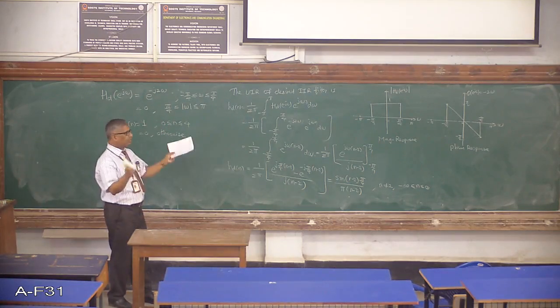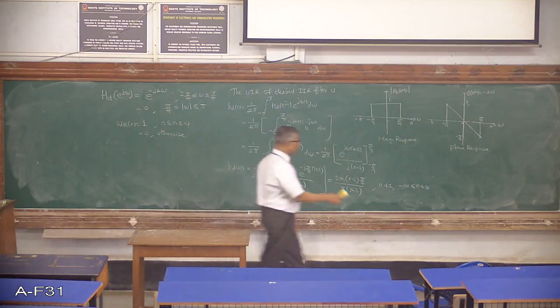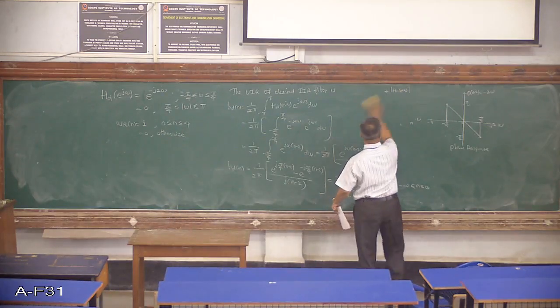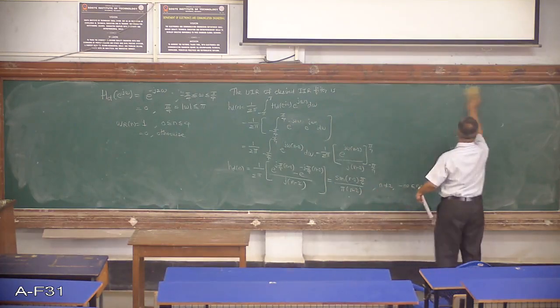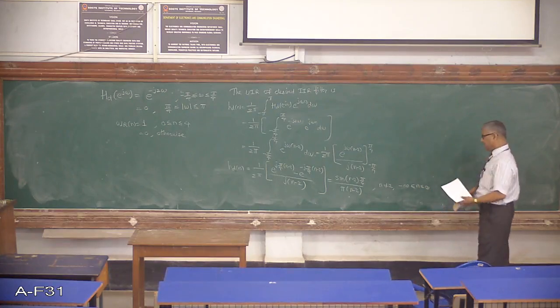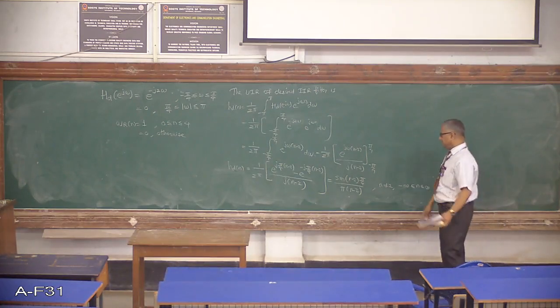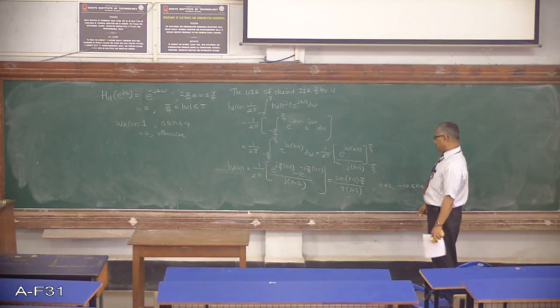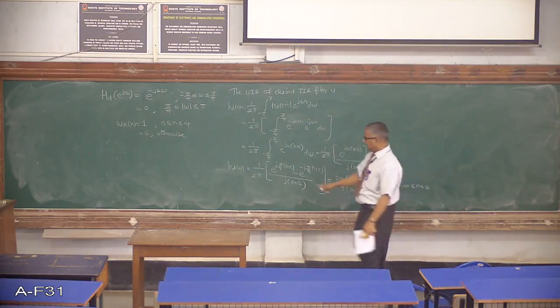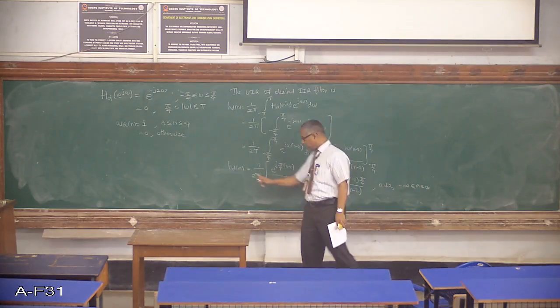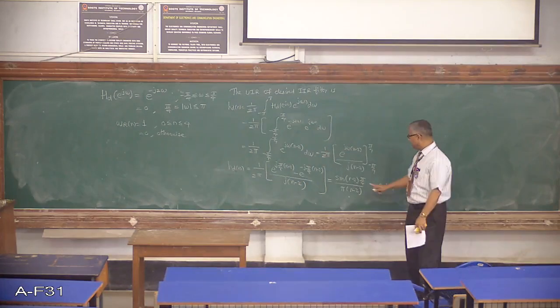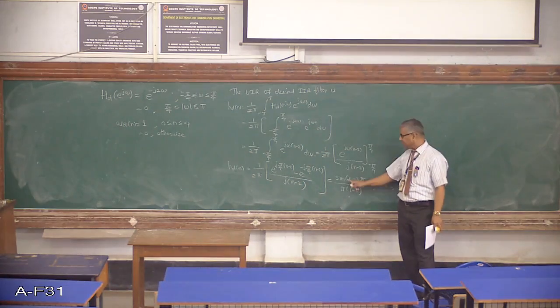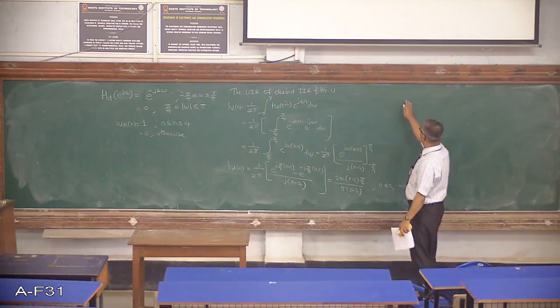The remaining procedure is the same. The next immediate step is to calculate the value of hd of n at n equal to 2, because at n equal to 2 this is not defined. So let us do that computation.